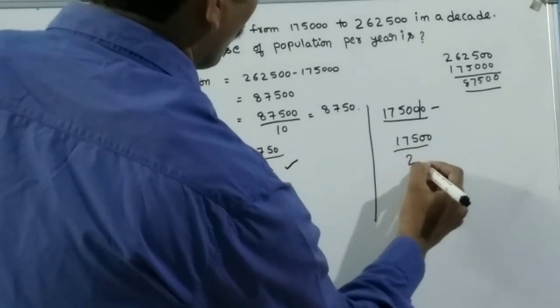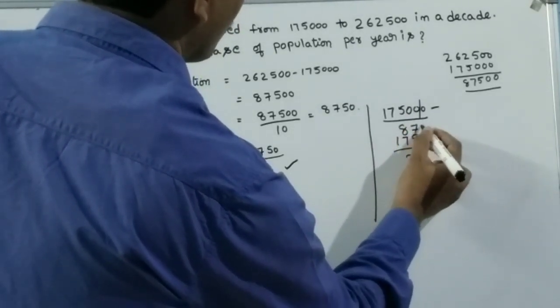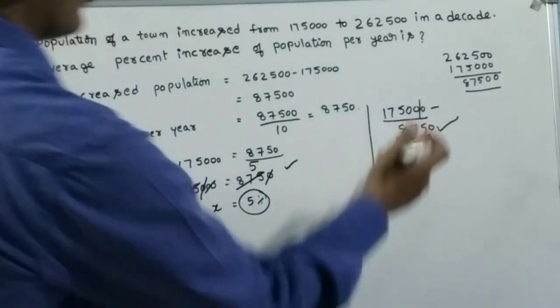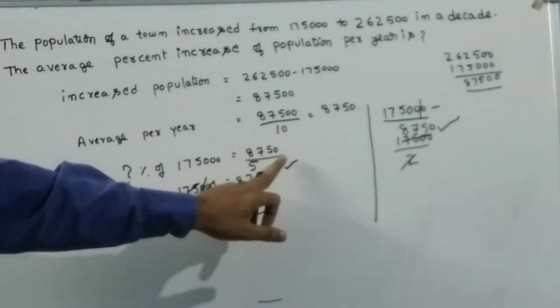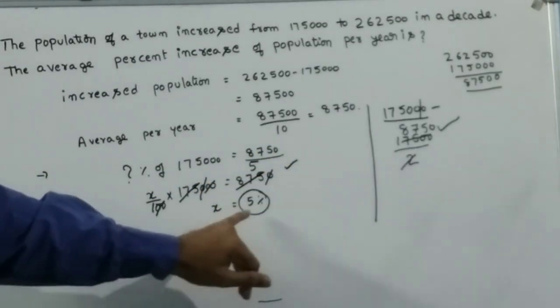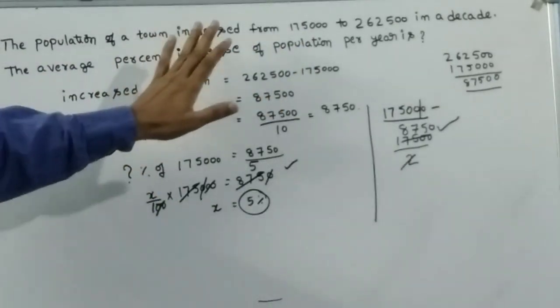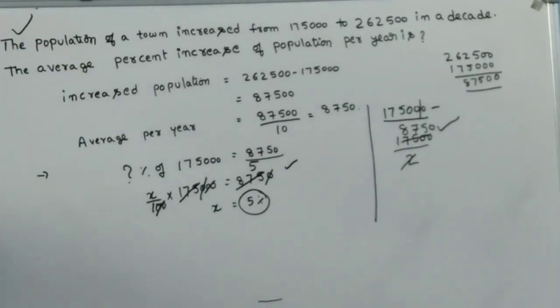That means 8,750. Then every year 5% of the population increased per decade.